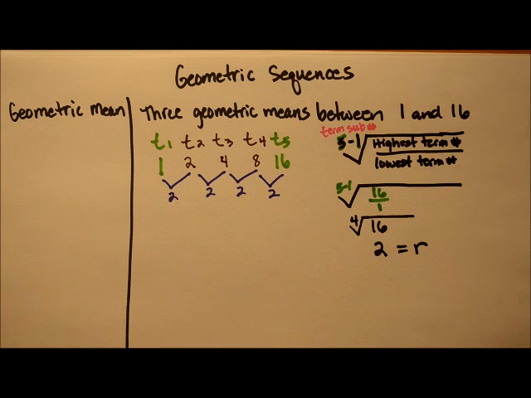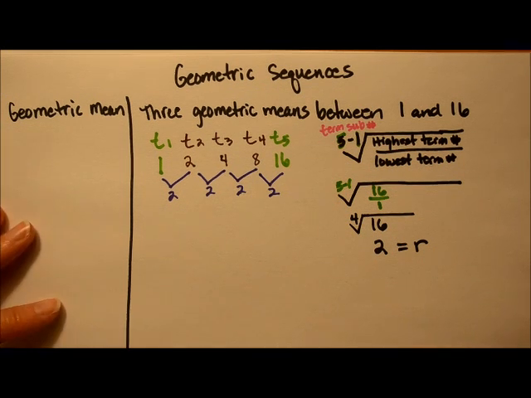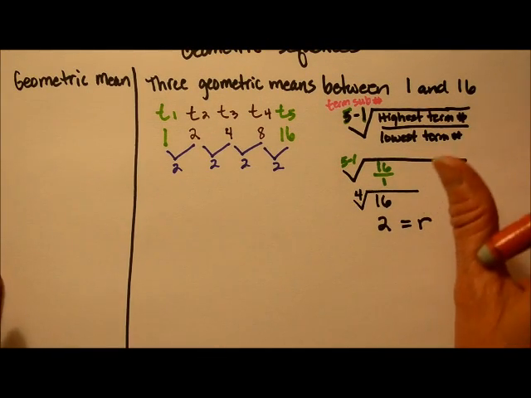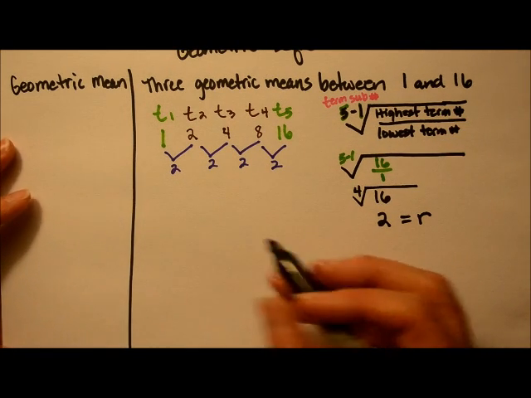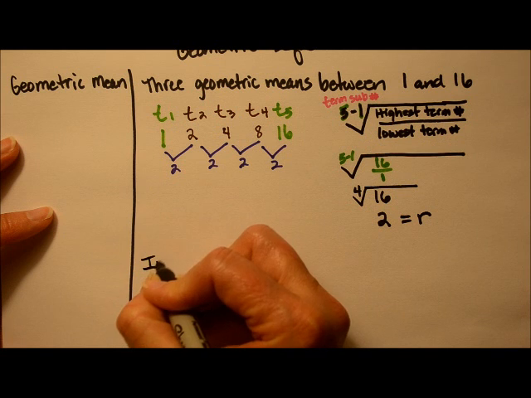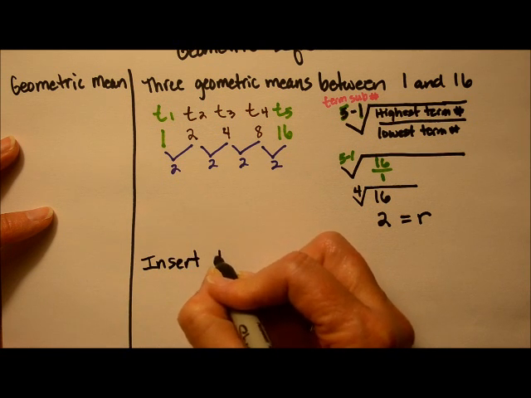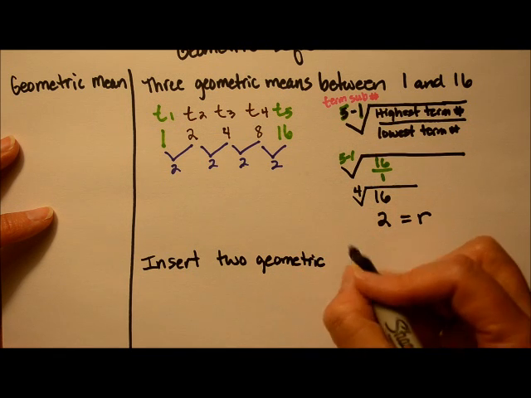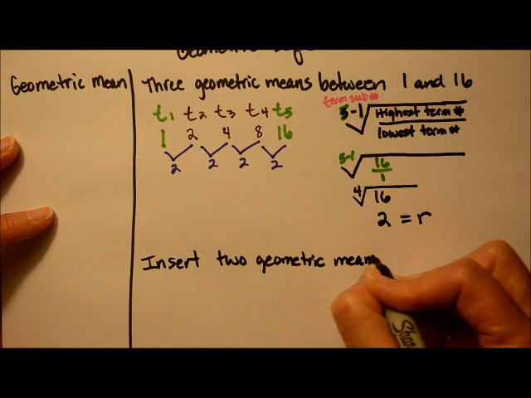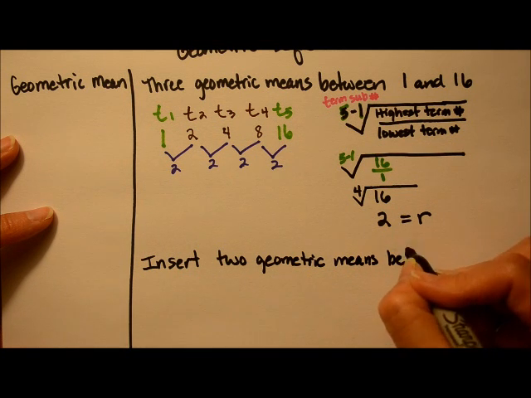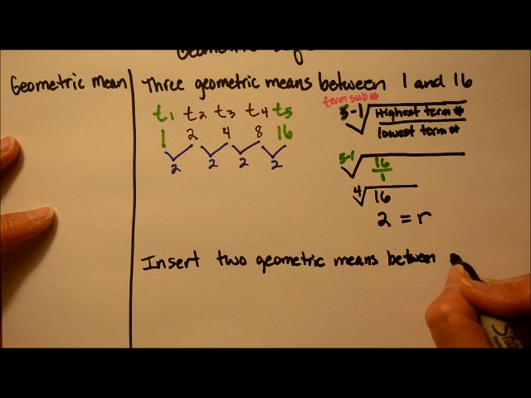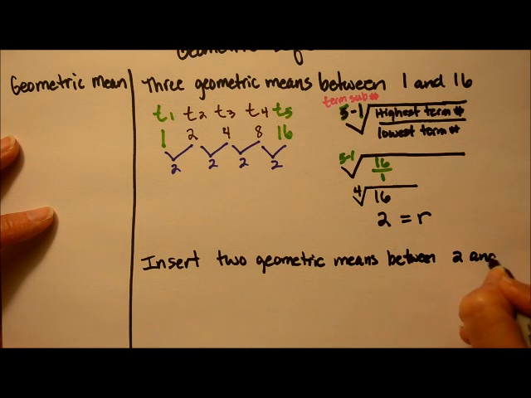Okay. How about this one? I'm going to give you a little practice here. I want you to insert two geometric means between, oops, forgot the E, sorry, it's bad spelling, 2 and negative 128.